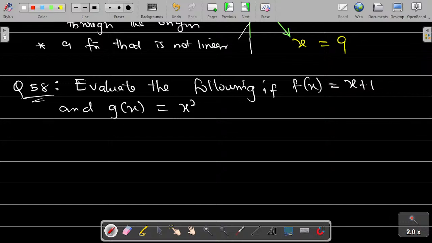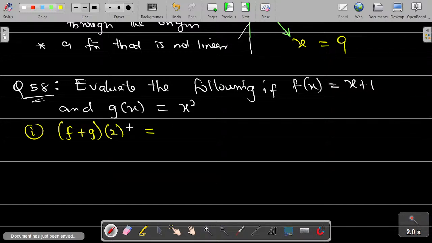The first one, which is I, they said is evaluate f plus g of 2. What's the meaning of this? This means that you should add your f and your g, and whatever you get, then you substitute your x as 2. So first of all, we need to get f plus g, which is just the sum of this and this, which will be equal to x squared plus x plus 1.